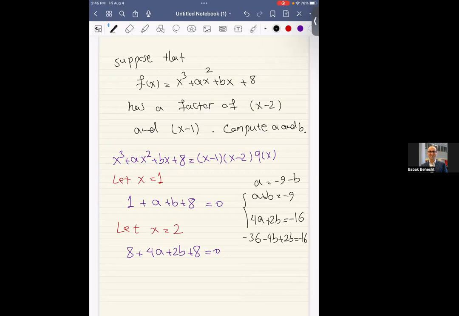So -4B plus 2B is -2B. -16 plus 36 is 20. B equal to -10. And A would be -9 plus 10, which is 1.